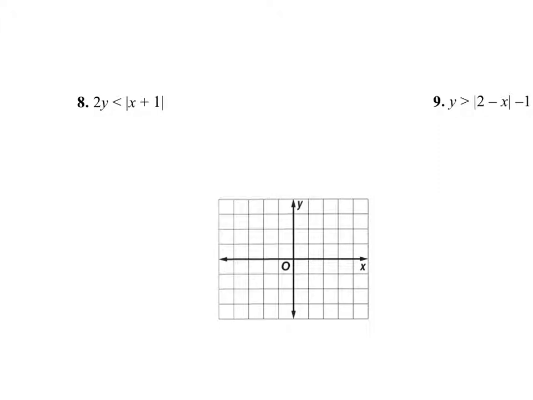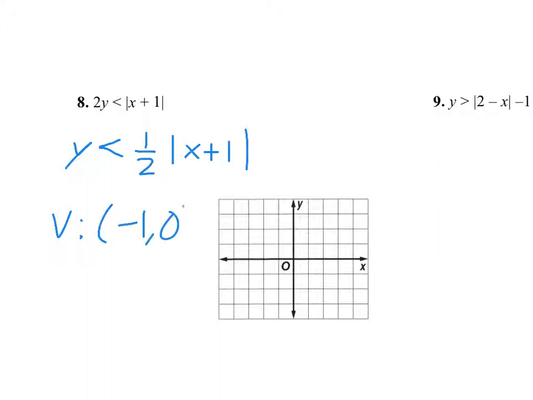Okay, for number 8, we need to get y by itself, so I need to divide by 2. Remember that dividing by 2 is the same as multiplying by 1/2. So I multiplied both sides by 1/2, and now I know the vertex is at -1, 0.